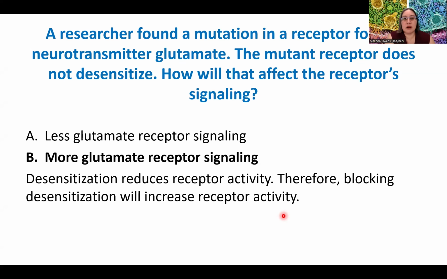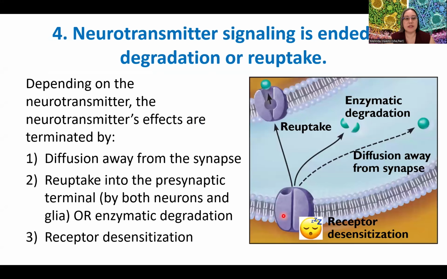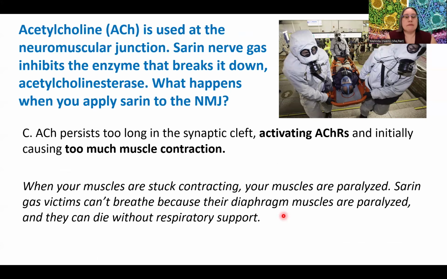These mechanisms are all super important, as you can see with the sarin nerve gas example. If we didn't have enough acetylcholine signaling, we wouldn't have any muscle contraction at all, and we would die. But on the other hand, if you have too much signaling, then the muscle is contracting and contracting, and that is also bad, because that can also cause paralysis.